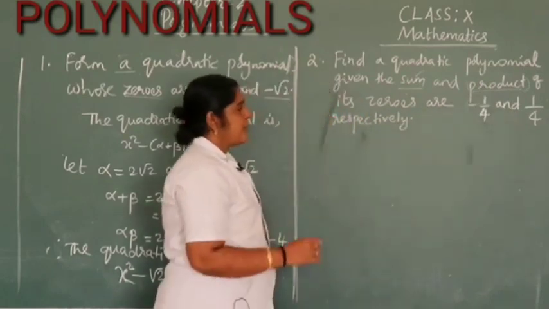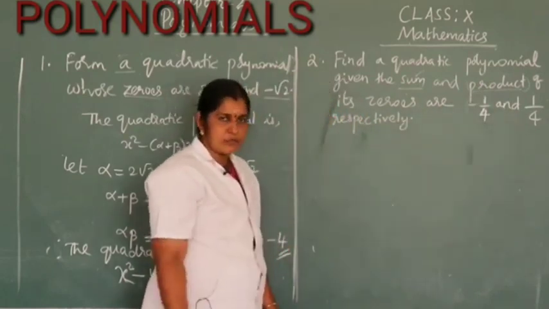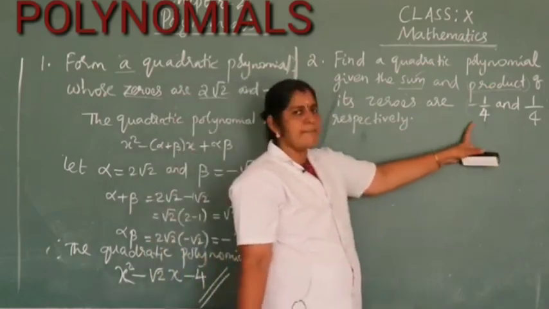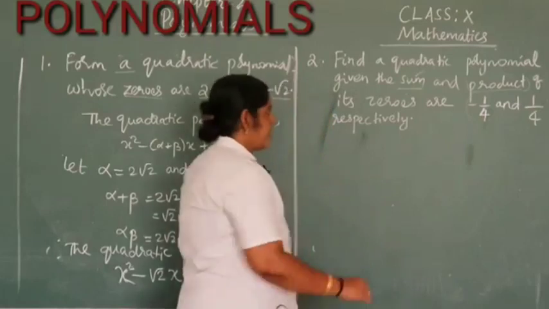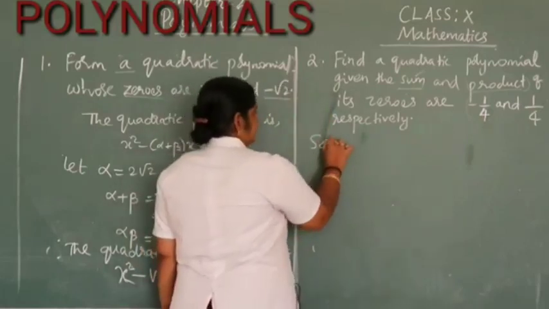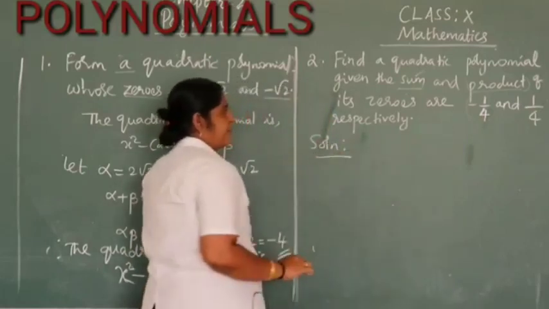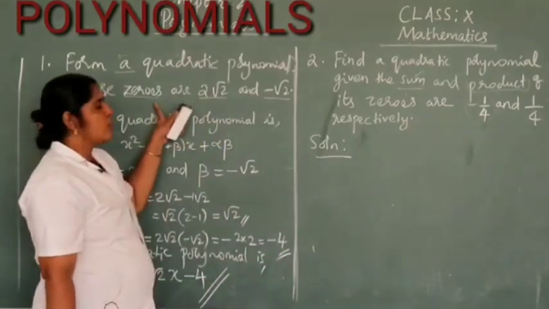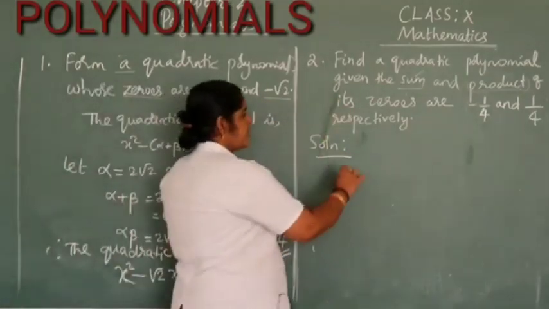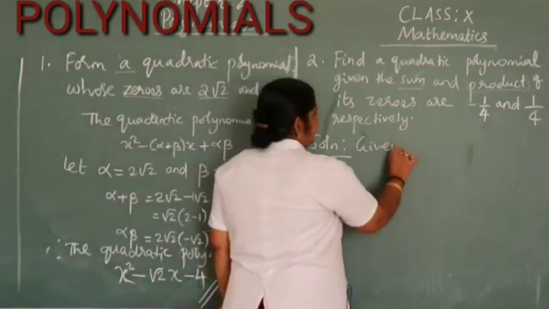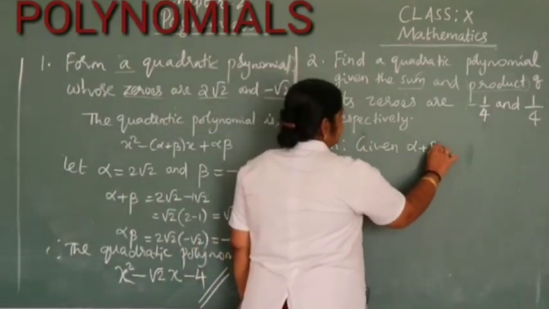Okay, so when you know that alpha and beta are the two zeros, how to write the sum? Alpha plus beta, and product is alpha beta. So you understand the difference here. The two zeros are given in the previous one, but here sum and product are given, so that you can write directly given sum is alpha plus beta.